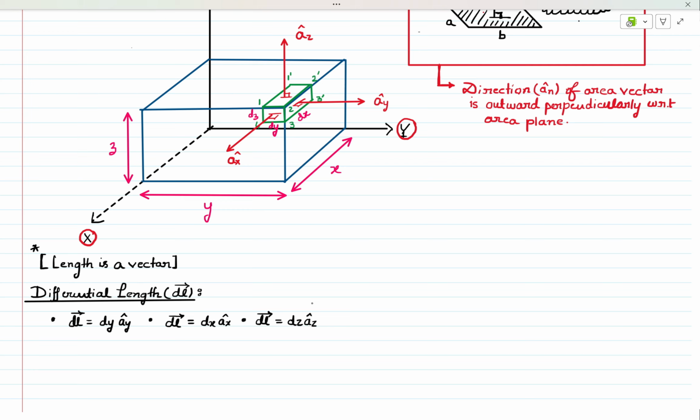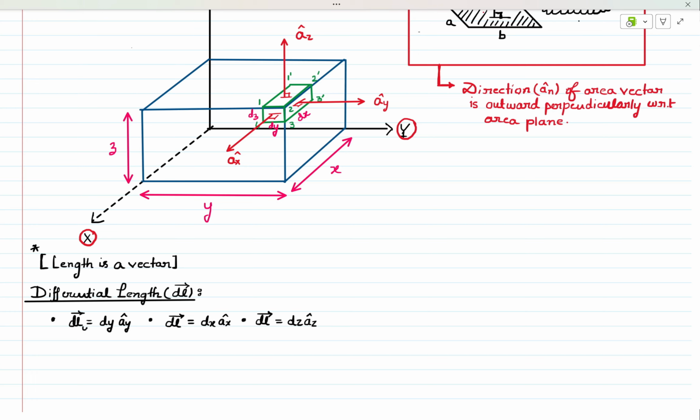As these three are vectors, they must have a magnitude and a direction. These are the three differential lengths along the three directions.